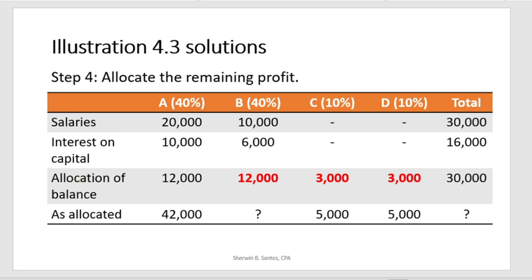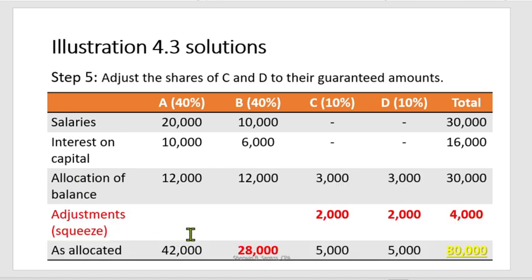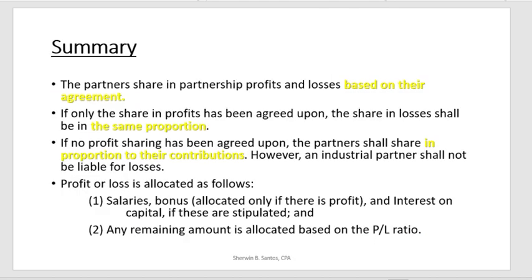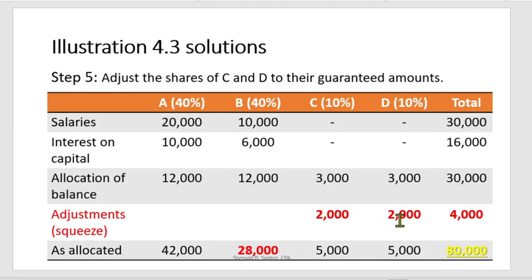So, ano ang gagawin mo? Dapat mag-adjust ka, mag-add ka pa ng 2,000 for C at D dahil guaranteed po yun. So, adjustments, this is a squeeze item. So, mag-add ka lang ng tig 2,000 para maging 5,000 sila. So, that is an addition to your total profit.